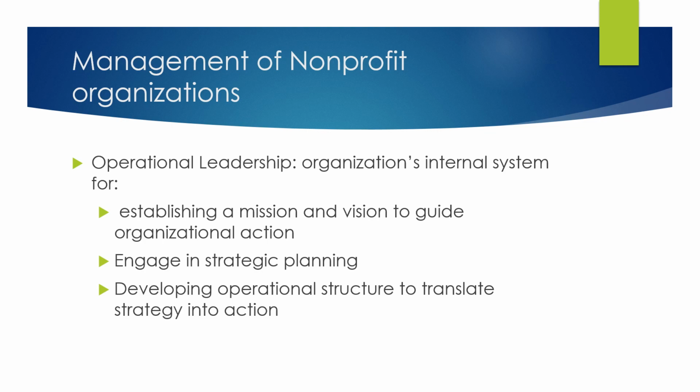a mission and a vision for the organization and being able to develop plans so as to translate those plans and objectives of the organization into real action. So the first step of this leadership is to be able to create a clear mission and vision for the organization, and then in the next step being able to actually transform the vision of the organization into a strategic plan.